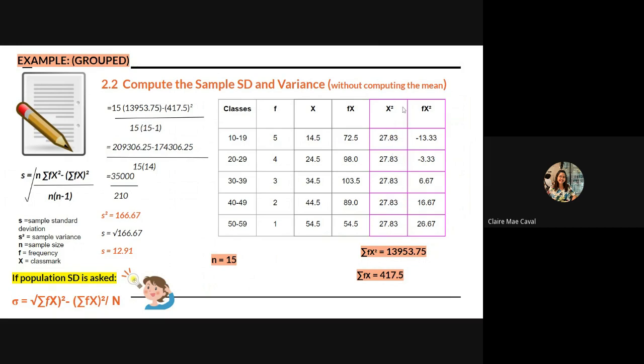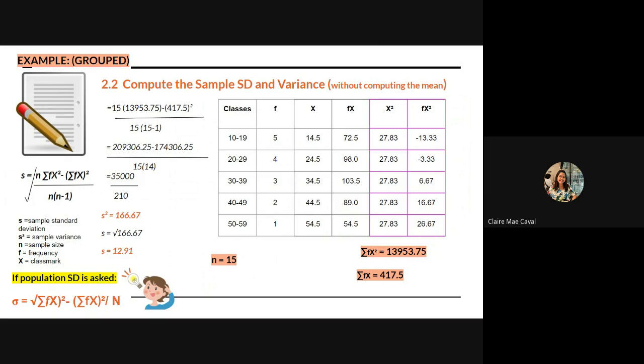Again, this should be the square of your class mark. Again, take 14.5 for example. Let's square this one. 14.5 squared, that's 210.25.